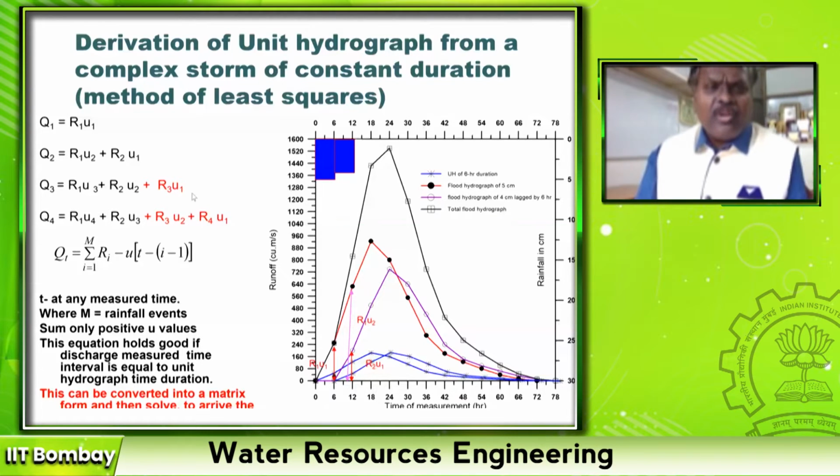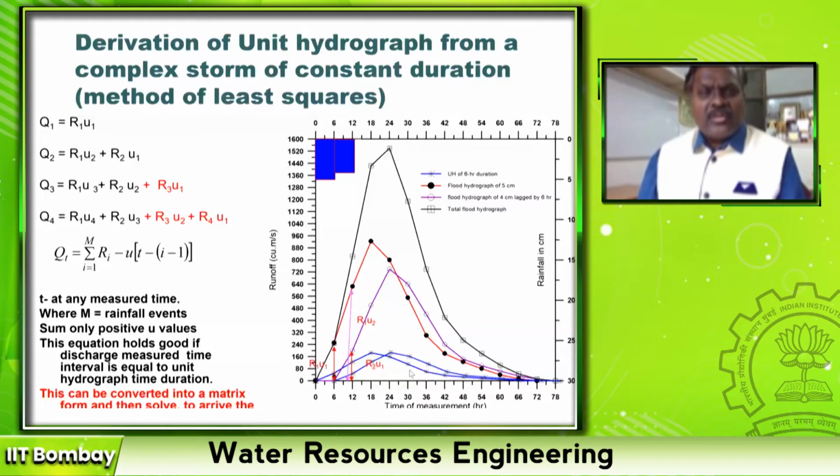If there is one more rainfall, R3, for 6 hours, then I go on adding. So what I did graphically, I am putting in numerical form. The discharge measured at any point is nothing but the algebraic sum of the rainfalls multiplied by their respective unit hydrograph contributions.